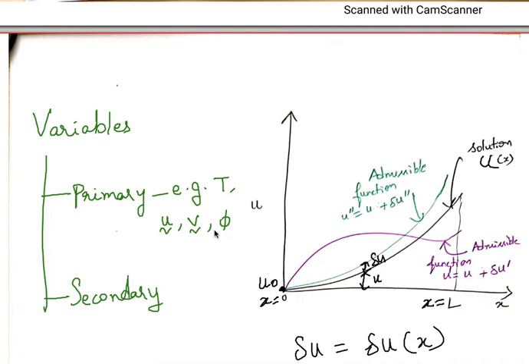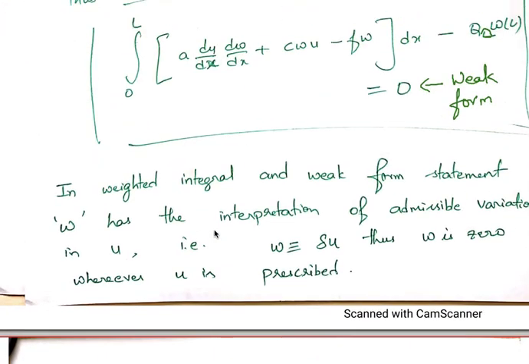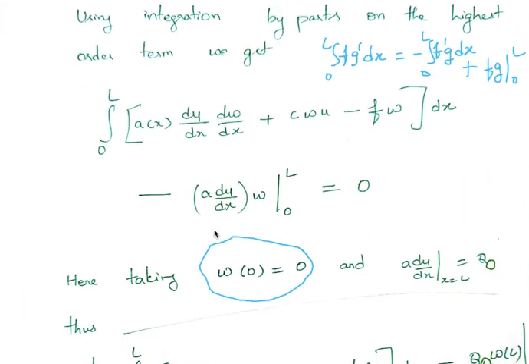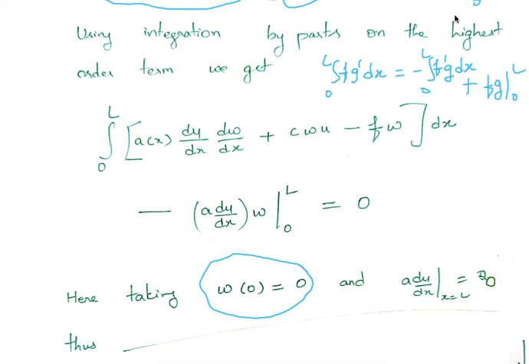So the primary variable is basically the field variable which is going to appear in the final governing differential equation. Now, the secondary variable. In the weak form statement, look at the boundary terms. You have the weight function and something multiplying the weight function.